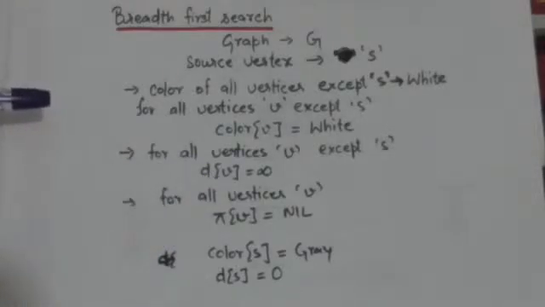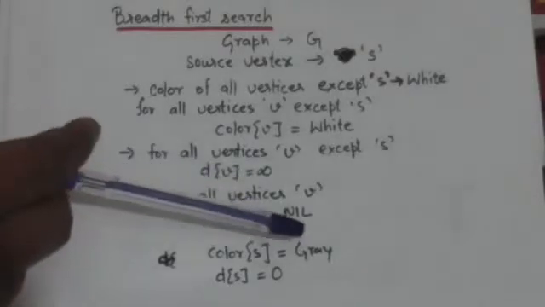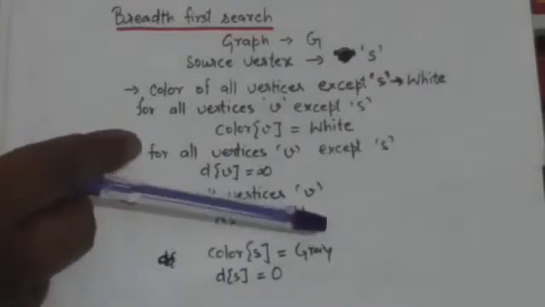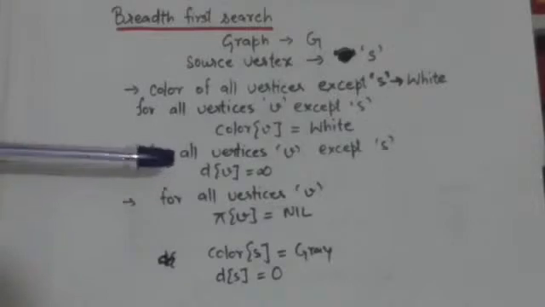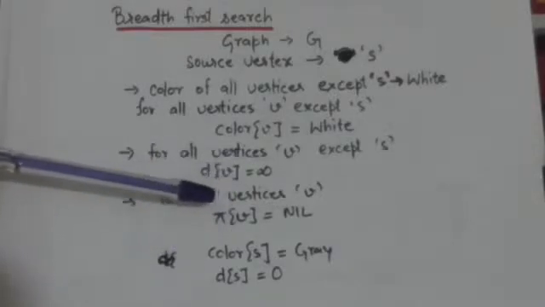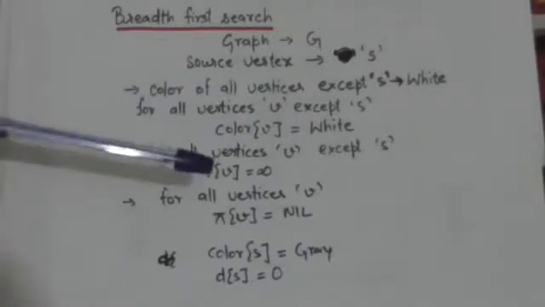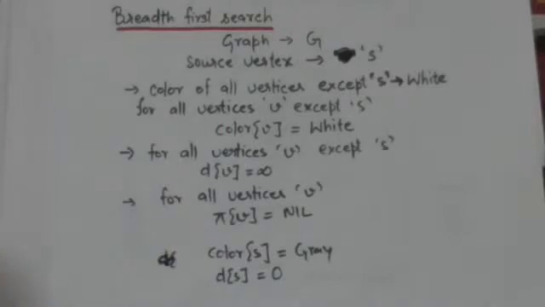So the value of color[S] will be gray, and since the distance of S from S is 0, the value of d[S] will also be 0.